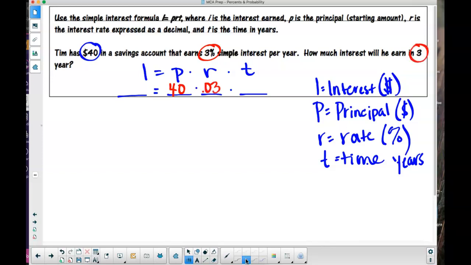And then the other number I see is 3, which is 3 years, so that's our time. I don't know the I. Okay, so we grab our calculator and we do 40 times 0.03 times 3. What does that mean? 3.6. That's the interest. How much money is that? Savannah? $3.60. It's $3.60 in interest. Does that answer the question?